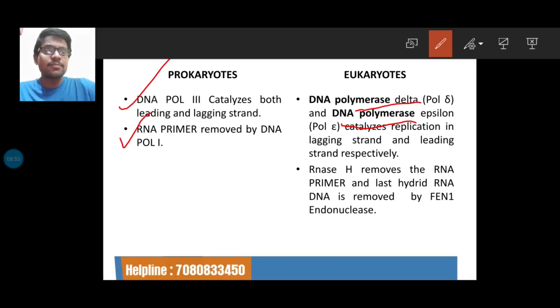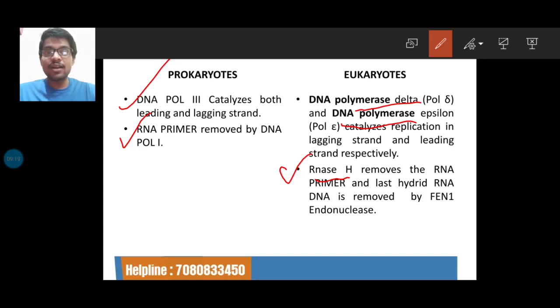Now here comes another fact, the removal of the RNA primer in eukaryotes. In prokaryotes there was DNA polymerase 1 which removed the RNA primer, but in eukaryotes it is a bit complicated matter. At first the enzyme RNase H removes the RNA primer, but it can only remove the linkage between two RNA molecules, or two ribonucleotides.